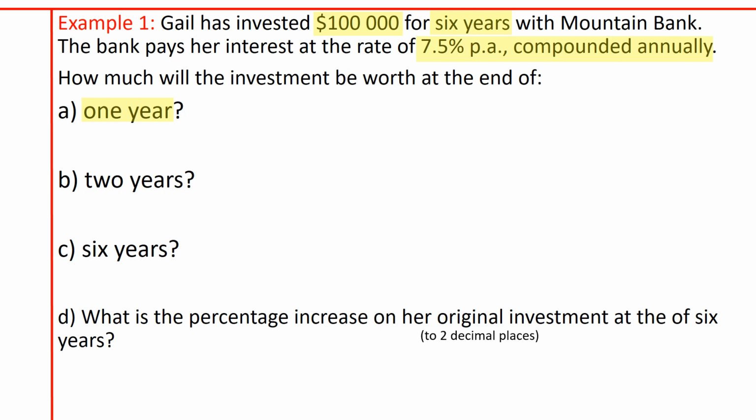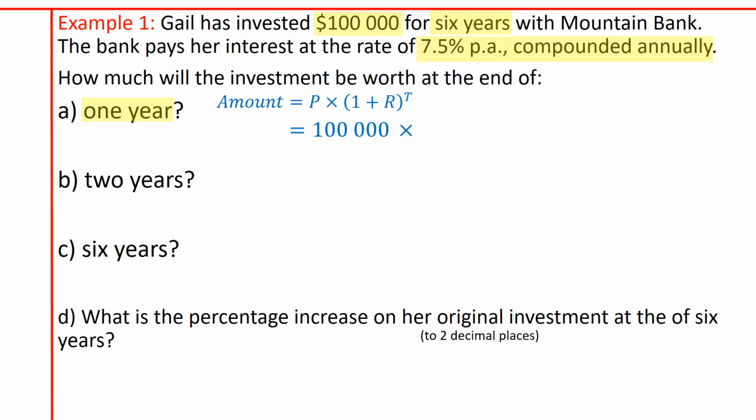Now, just while you're learning to work this out, we're going to write out our formula as the first step. So we know that the compound interest amount is the principal multiplied by 1 plus the rate as a decimal to the power of term. So here, for this question, we're simply going to sub in our values. So our principal is 100,000.